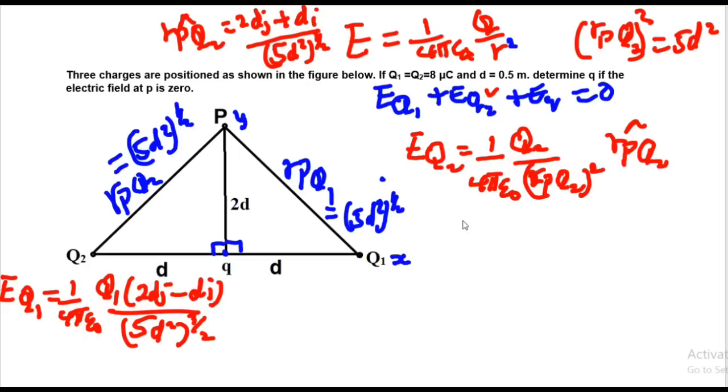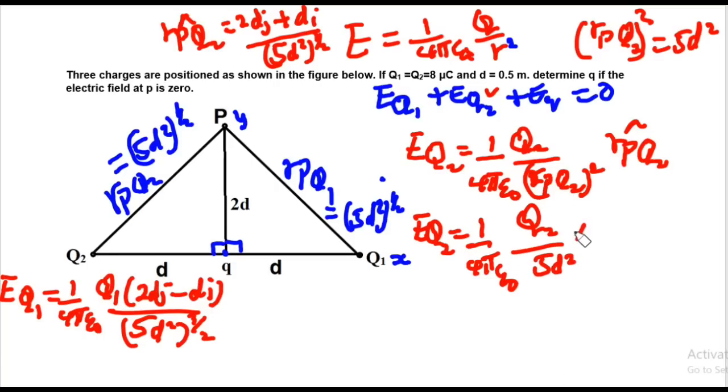So we have that EQ2 will be 1 over 4 pi epsilon 0, we have Q2 over RPQ2 square, which we got to be 5d square, times the unit vector in this direction, which we got to be 2dg plus di upon 5d square to the power of half.